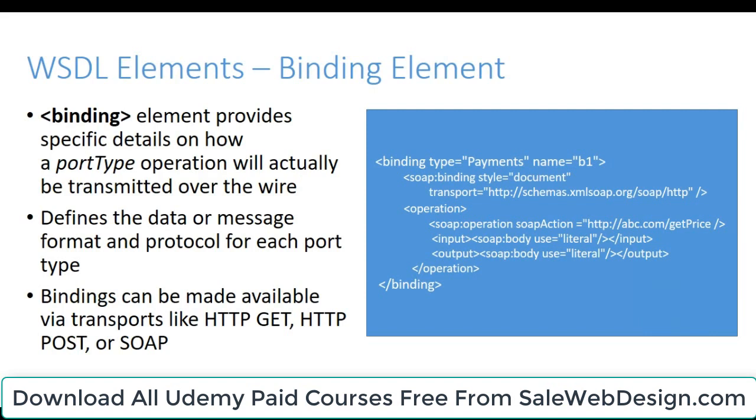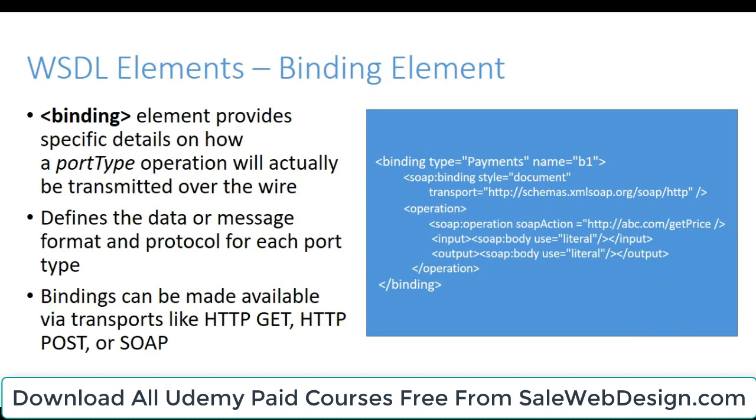The SOAP binding element has two attributes, style and transport. The style attribute can be either RPC or document. It indicates the overall style of the message format. Document file format is the text or binary format to store documents. RPC format is generally used for something like crystal reports.